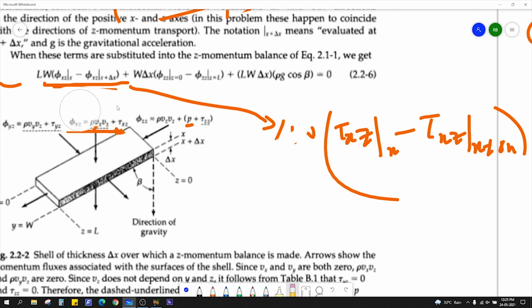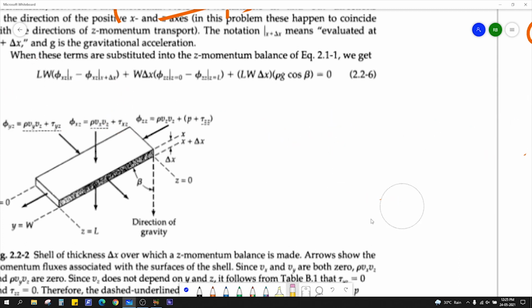And what about the second term? We'll see this one. So phi zz. What is phi zz? This is the combined molecular stress and convective stress tensor. It is molecular stress plus convective stress. Since the indices are the same, there will be pressure here, plus tau zz.